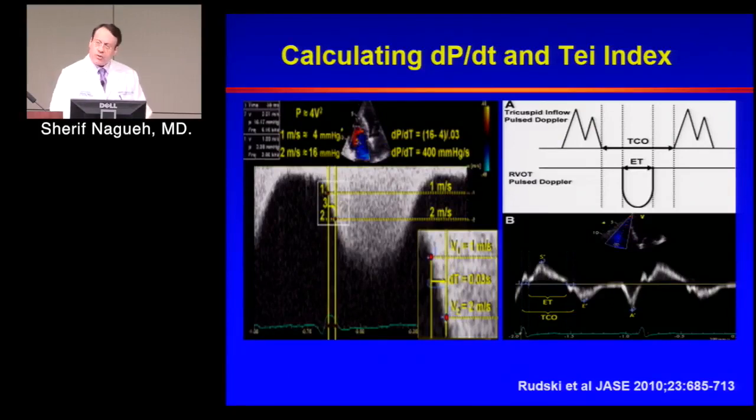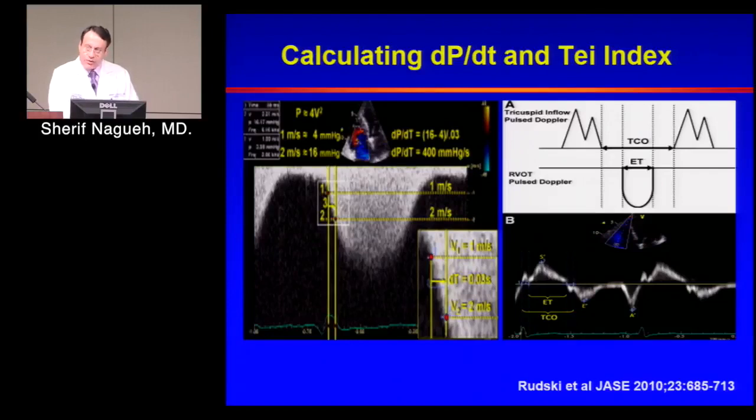How reproducible is this measurement for labs that do it more frequently than others? Decent reproducibility. However, as you are aware, we are still not using the same cardiac cycle, TR from one beat and the RV outflow tract from another beat.